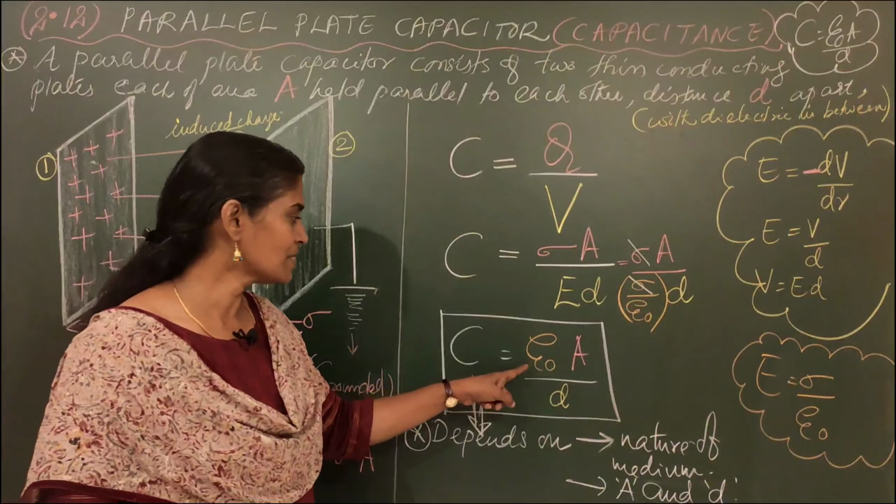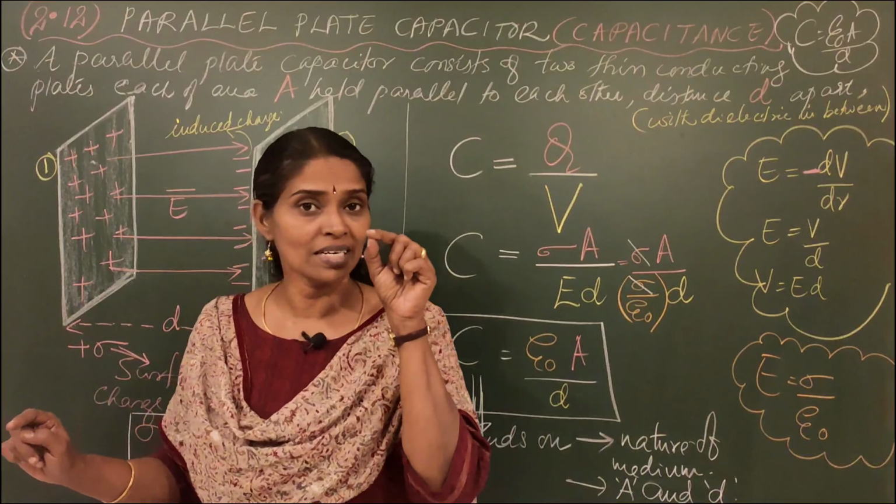This means it depends on three factors: epsilon 0, A, and d. Epsilon 0 refers to the permittivity of air or vacuum, the medium in between.